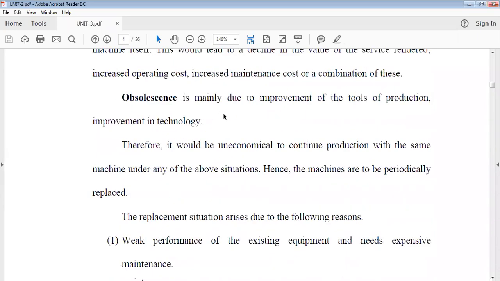Obsolescence is mainly due to the improvement of the tools of production or improvement in technology.